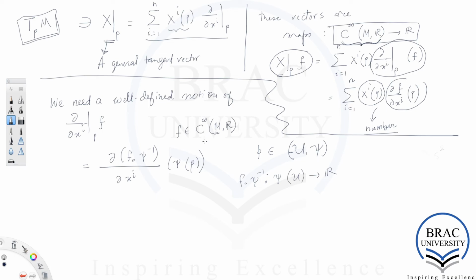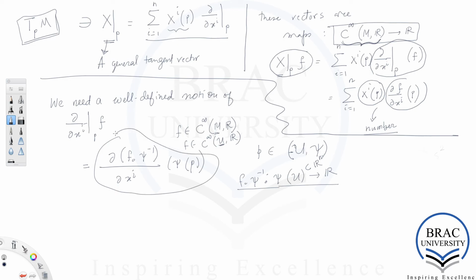Well, to be more precise, f is a function on U containing p. U is an open set containing p, right? So in that way, f composed with psi inverse is going to be a function from psi of U to R, where psi of U is an open set in R to the n. Okay, good. So this way, this is going to be a number.